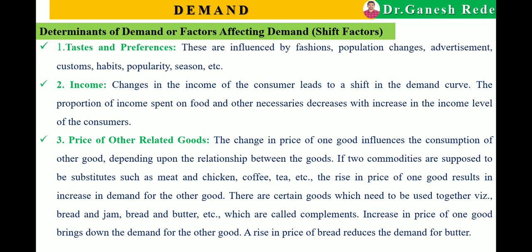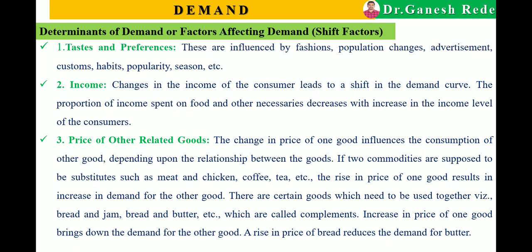Now, determinants of demand, or the factors affecting demand. A question may be asked: which are the shift factors, why is there a shift in the demand curve? First, taste and preferences. These are influenced by fashion, recent trends, population changes, advertisement, custom, habits, popularity and season.